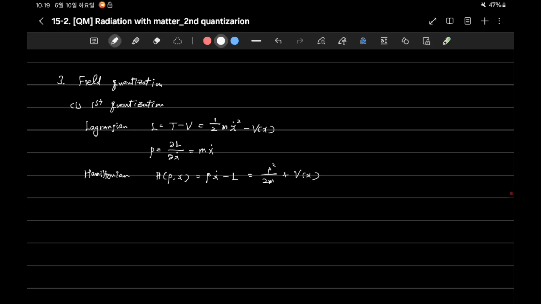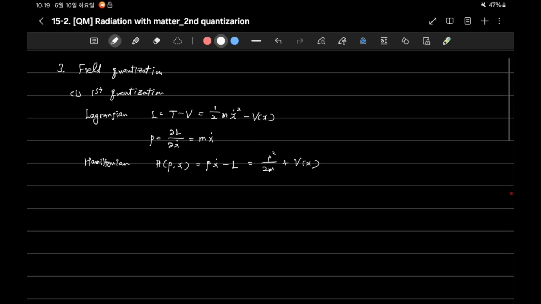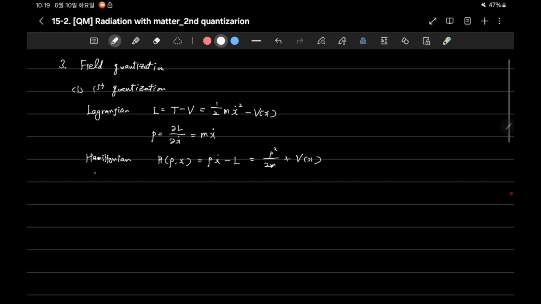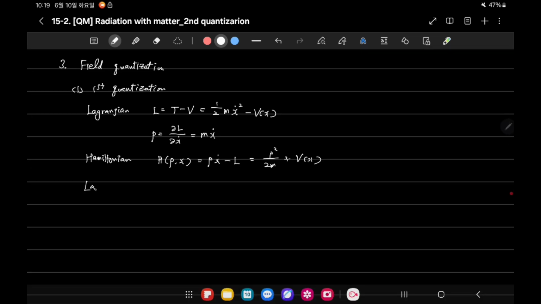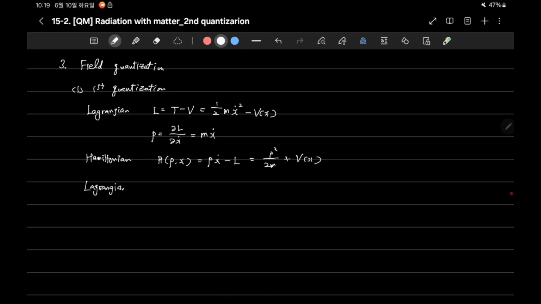So in this case we think about the electromagnetic wave, and the Lagrangian in the electromagnetic field. The Lagrangian is a function of the vector potential, the time derivative of the vector potential, and the real vector potential.